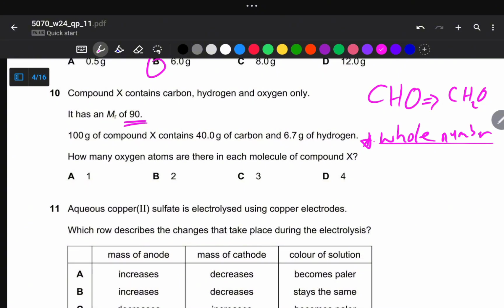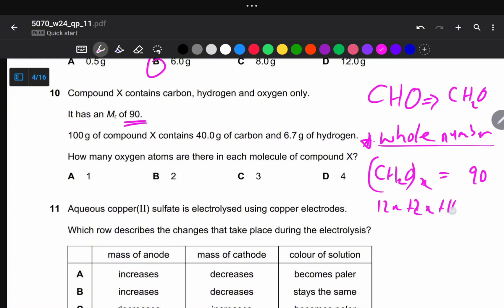So we have the molecular mass of 90. The molecular formula is a multiple of the empirical formula. So we multiply 12, the relative atomic mass of carbon, by x, the unknown number here. So it's 12x, plus 2x, plus 16x being equal to 90.